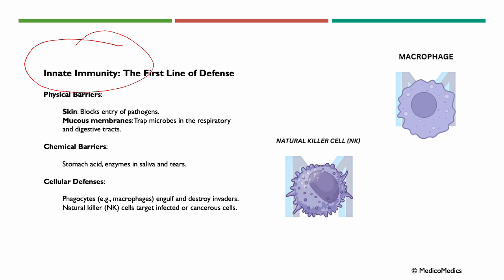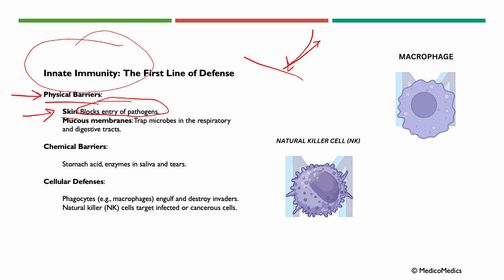But let's carry on. So our innate immunity, we have physical barriers. That includes, first of all, our skin. This is a first line of defense against the entry of pathogens. So things that want to come in and cause damage, our skin repels or protects us against.